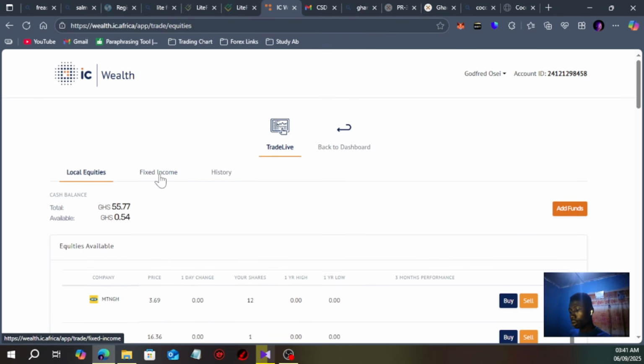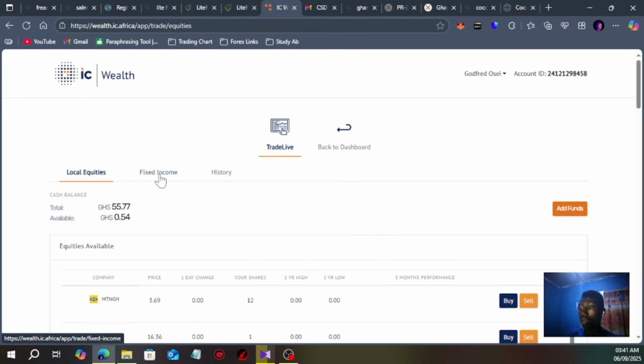Okay, so let me come to the phone matter. So this is the phone, my IC Wealth. Okay, the same account that I did. So we come to liquidity fund. We have liquidity fund over here. Let me show it to you. So I don't know if you can see from the phone top. They have liquidity fund and down here we have invest. We have the trade live also here.